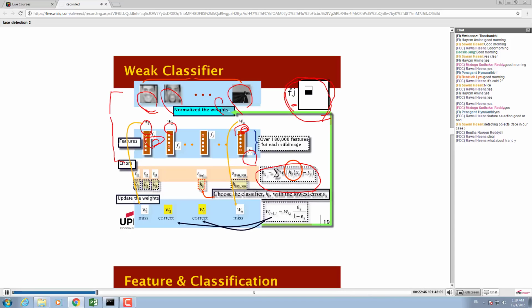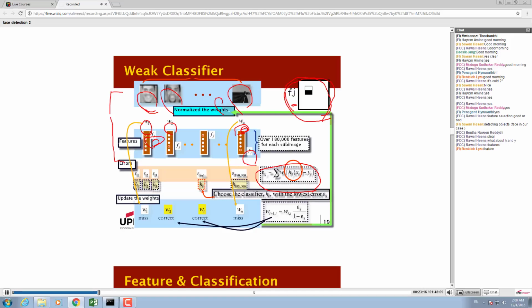One important thing to understand here is that E uses index J. So what is J, and where is it from? Yes, exactly, feature. Feature F uses index J. It means every feature can have its own error.